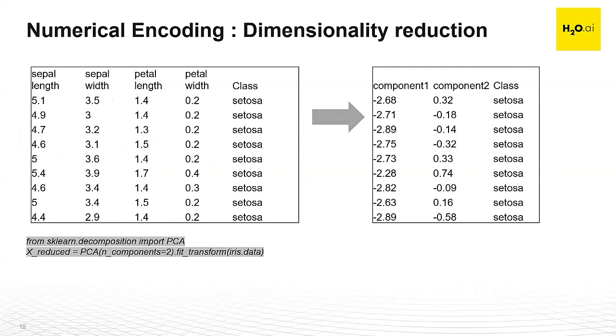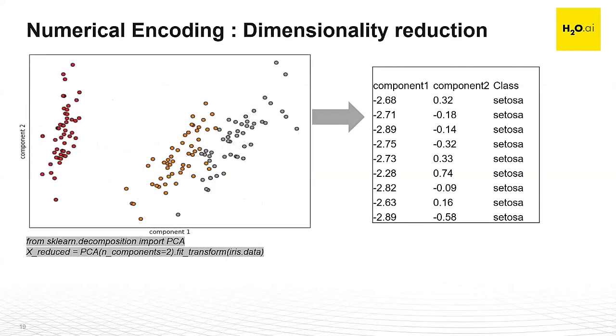I can create 2 new features out of the 4 given ones, and if I try to plot them, as you can see, I have a much better separation. I have been able to compress the information from these 4 features into 2, which clearly gives me a much better way of separating the 3 classes. You can see now I have less mix of gray and orange bullets together.